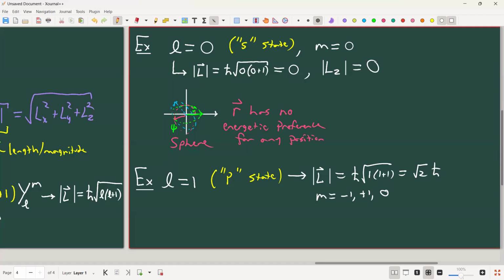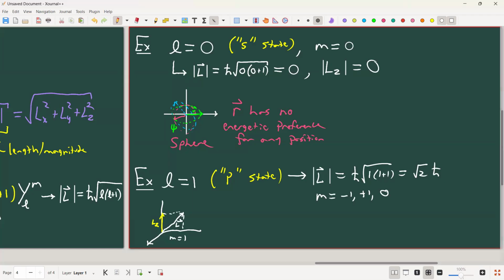So we have 3 possible vectors that we can choose. The first one we have is Lz equal to 1 and length root 2. So that's a vector that looks like this. There's our M equals 1 state.